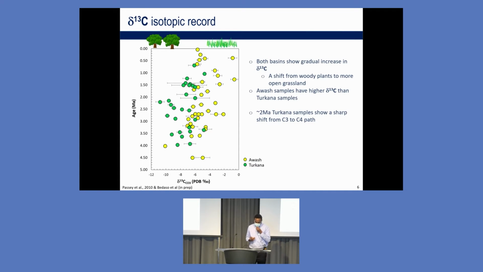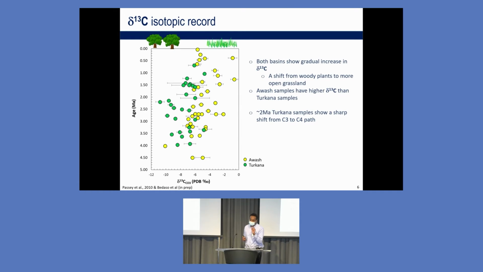So the study of the stable isotope in terms of carbon of the sediments collected from this region: the vertical axis shows us the time interval from 5 million years up until the recent. And the horizontal axis gives us the delta 13C composition of the carbon.